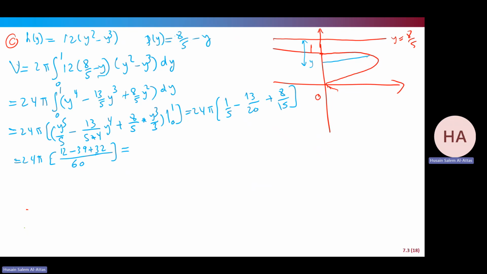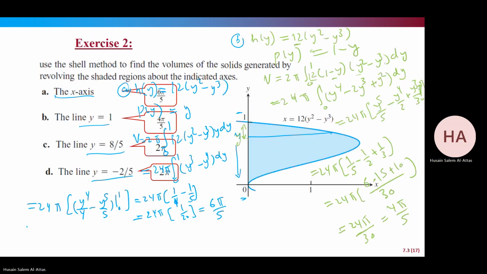That gives me 44 minus 39, that is 5. So it will be 24π times 5 over 60, which is what? 24 over 12, that gives me 2π, which is the answer for this one.